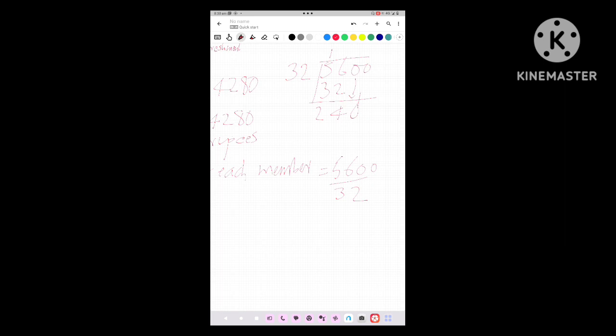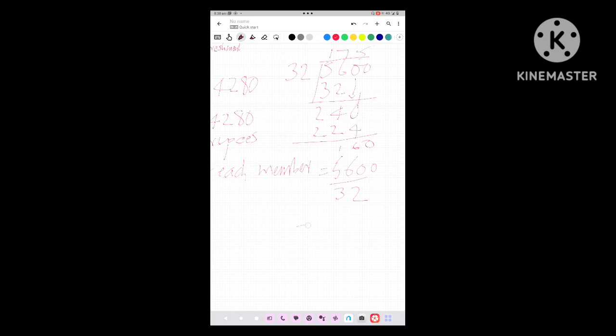We can write 7 times. 7 2s are 14. 7 3s are 21, plus 1, 22. 224. 240 minus 224 is 16. And 160. 32 5s are 160.